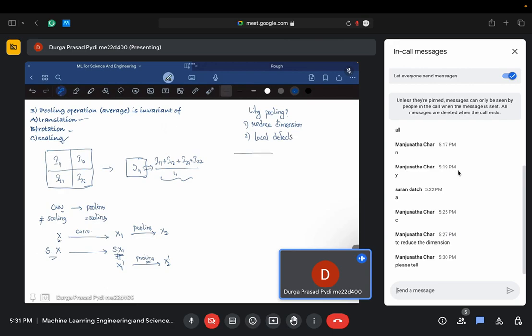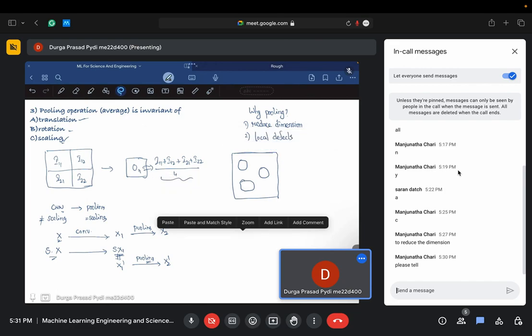So if this is your original image, you have several people or maybe several faces. Now if this image is slightly changed, if I shift this slightly, then my neural network would treat both of these as different images.